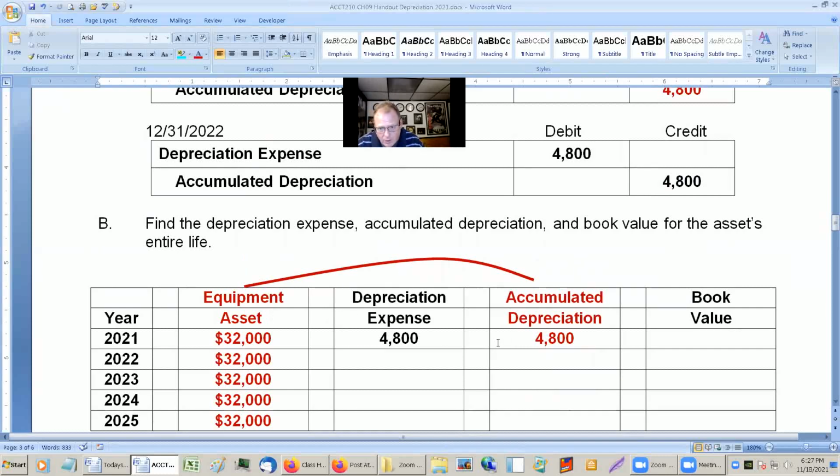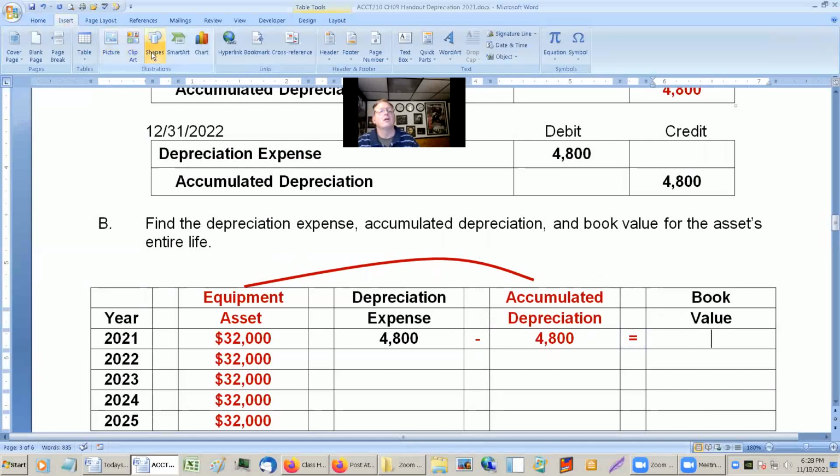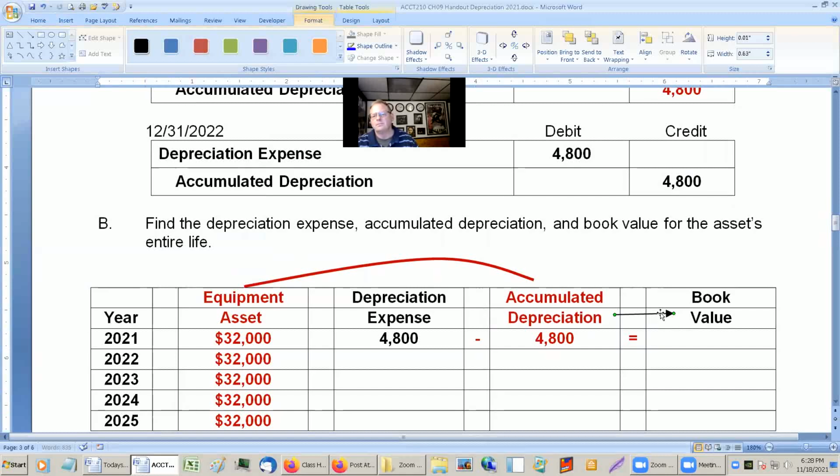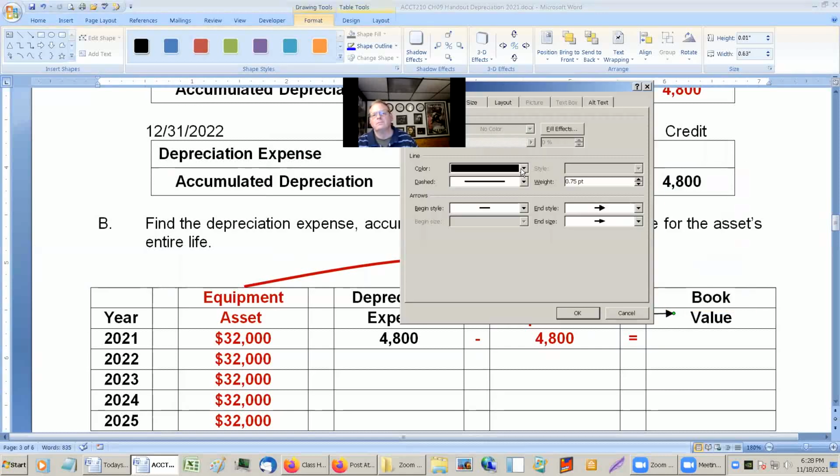Okay, so we're going to take the equipment account, 27,200, minus the depreciation. That way, that will give us the depreciation.